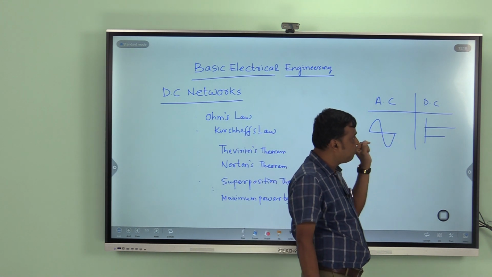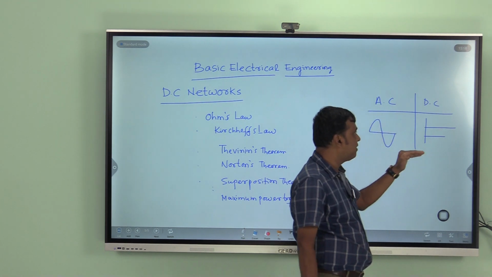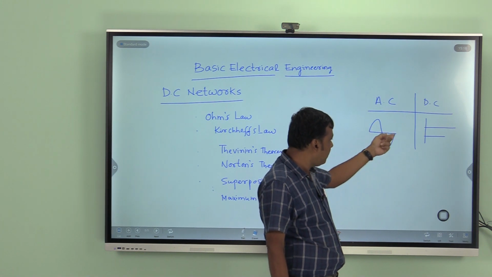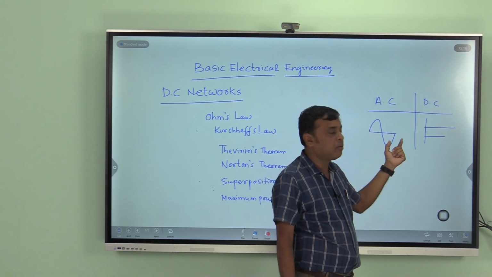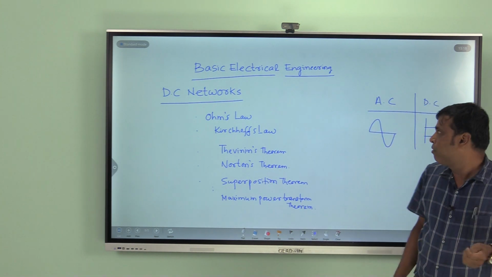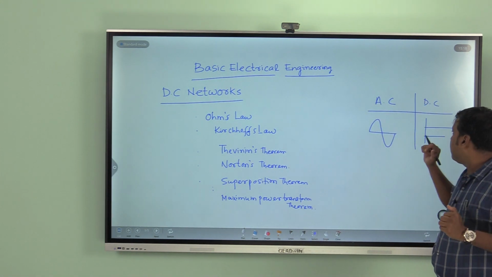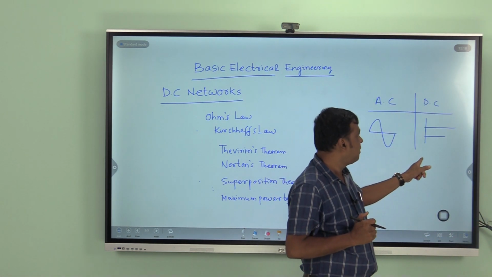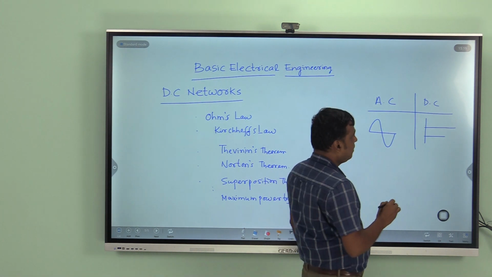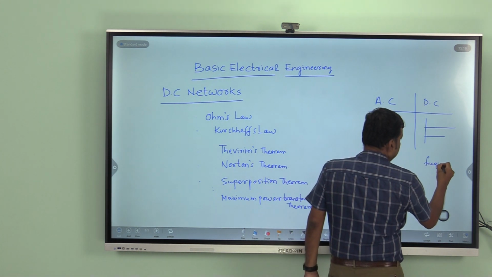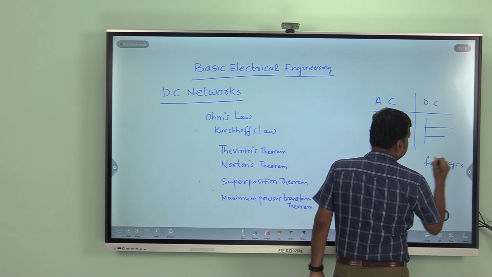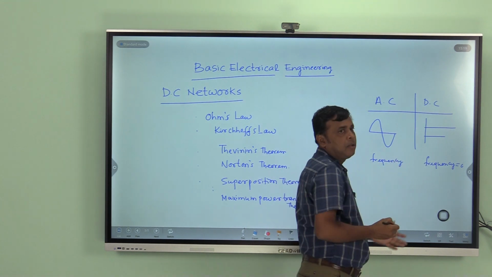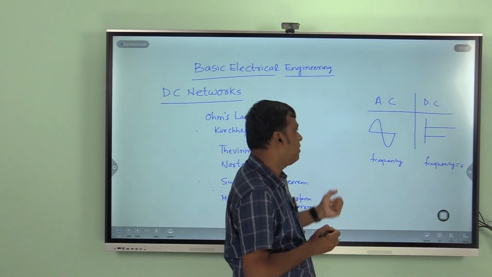The major difference between AC and DC is that AC has some frequency, but in DC there is no frequency, frequency is 0. In AC the standard frequency is 50 or 60 Hz.